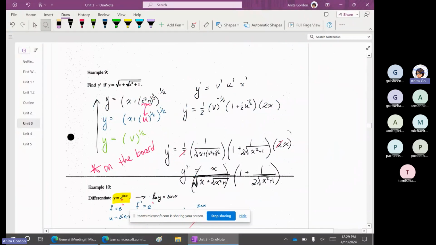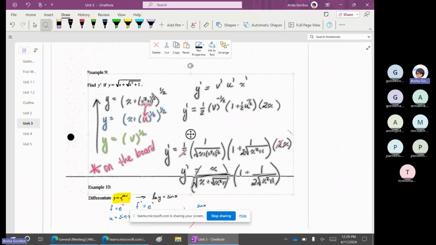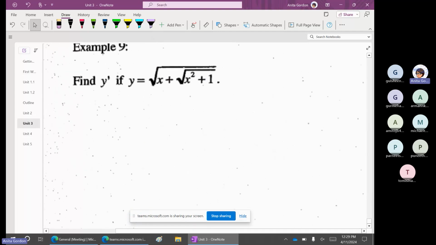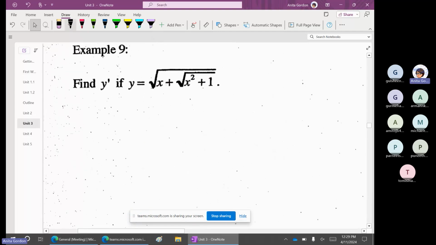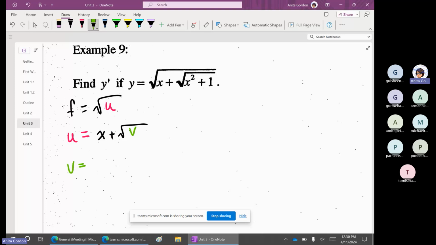Example 9. Okay. F is the square root of u. U is x plus square root v. V equals x squared plus 1.